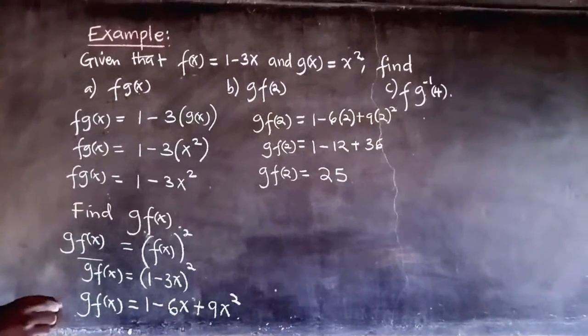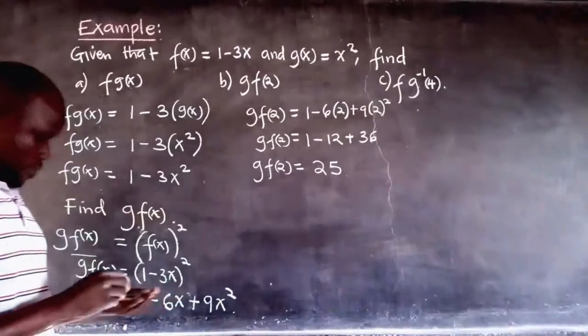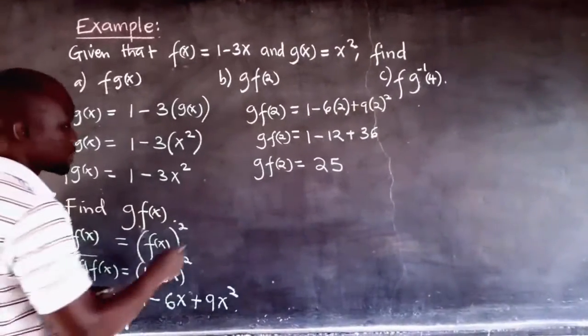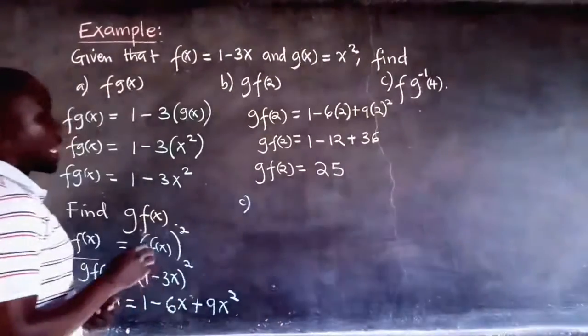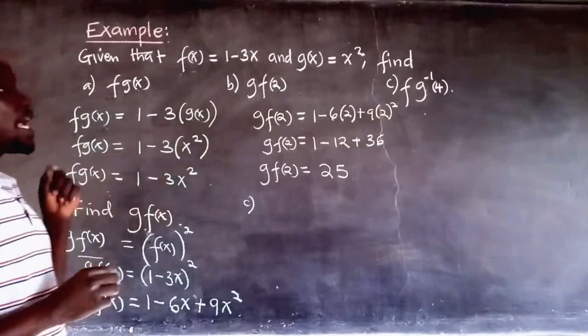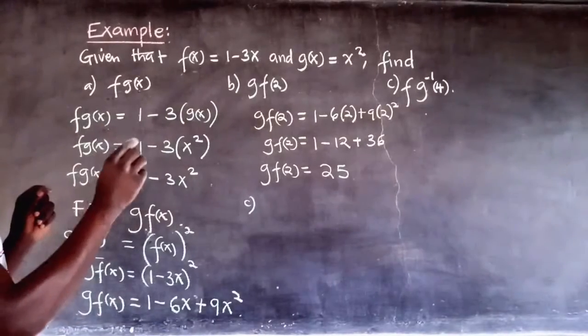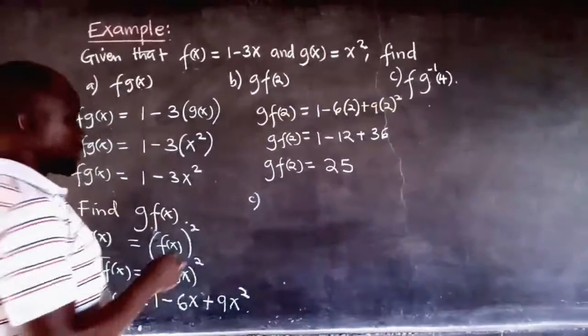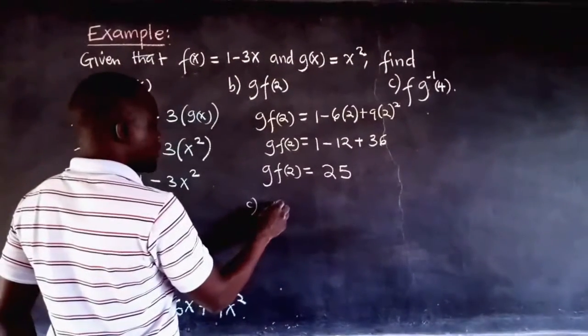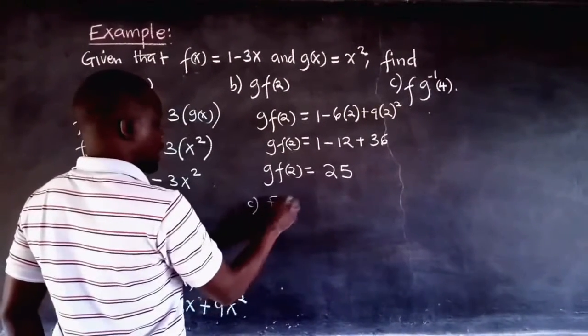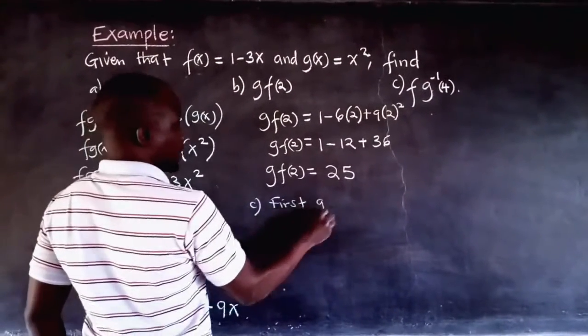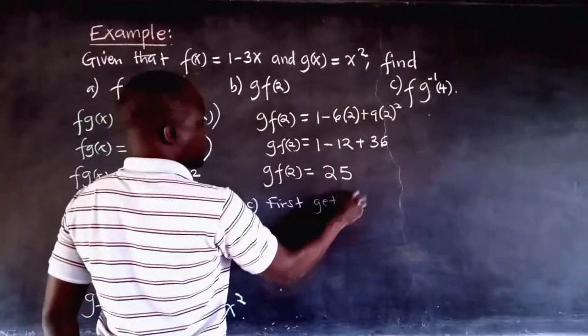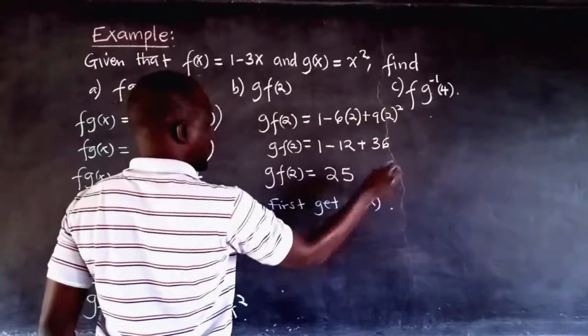Part C, we shall start working it out from down here. It requires you to have g inverse, because they require you to find f g inverse of 4. We cannot continue before we first get g inverse of x.